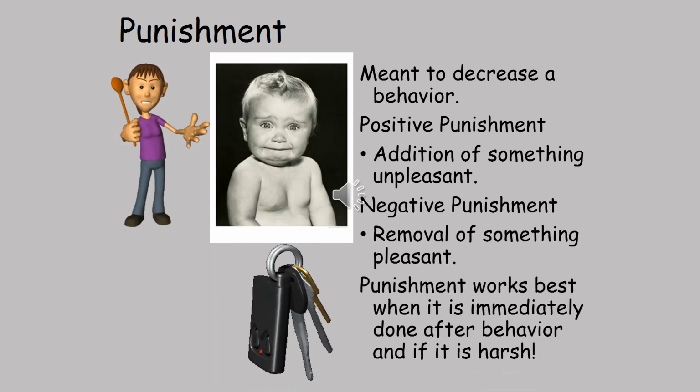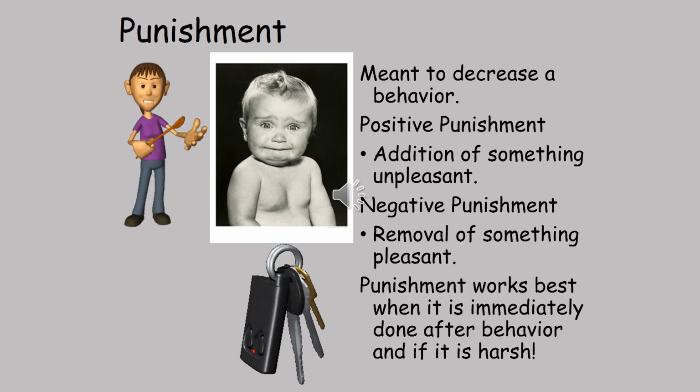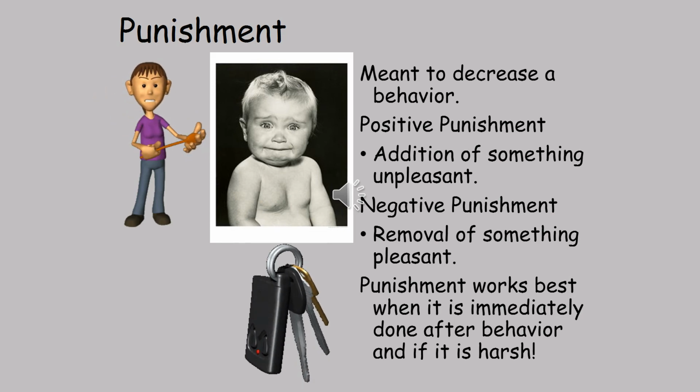In addition to looking at reinforcement, Thorndike and Skinner also focused on punishment. Again, a punishment is meant to decrease a behavior or diminish a behavior. Here we have positive and negative punishment, just like we had positive and negative reinforcement. So positive punishment.